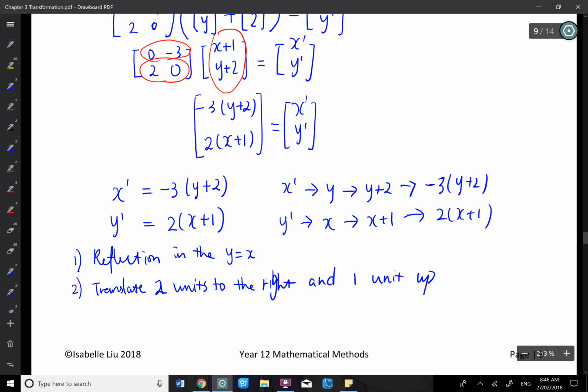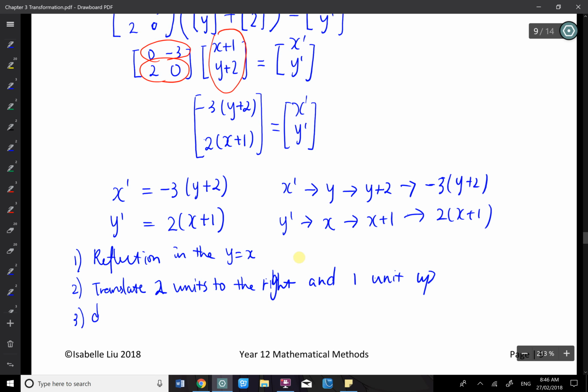After you swap, your y is actually the x dash, the new x. So what happens to the new x? The new x is further moved by 2. What you look at should be the x dash. Some of you may think it will be 2 units up and 1 unit to the right. But no, you need to look at where the x dash is. It's the new x plus 2, and the new y plus 1, which means it's moved horizontally by 2 units and then up by 1 unit.